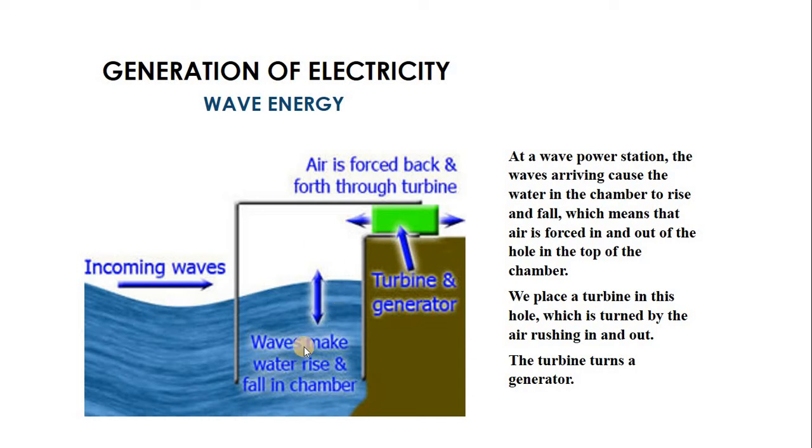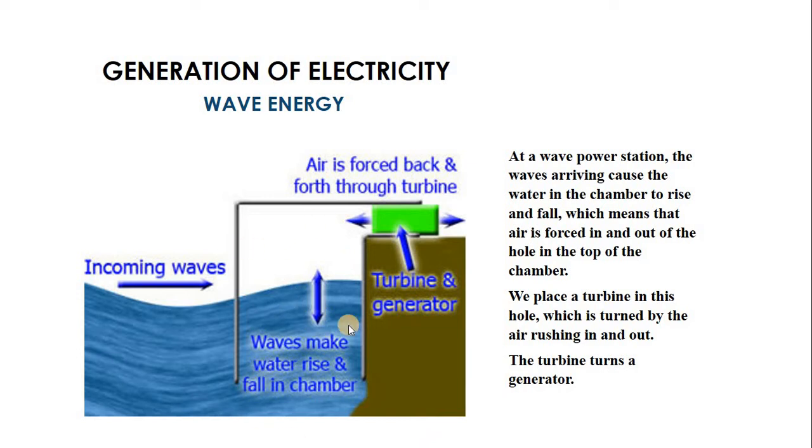So this rising and falling nature of the sea can actually be used to produce electricity. And this diagram here illustrates how that is done. First of all, we have a chamber, and then we also have a concrete structure here.